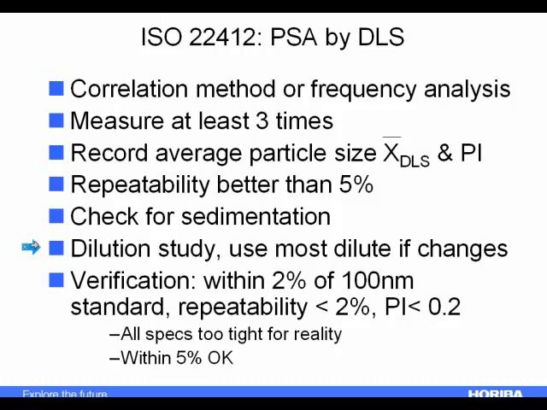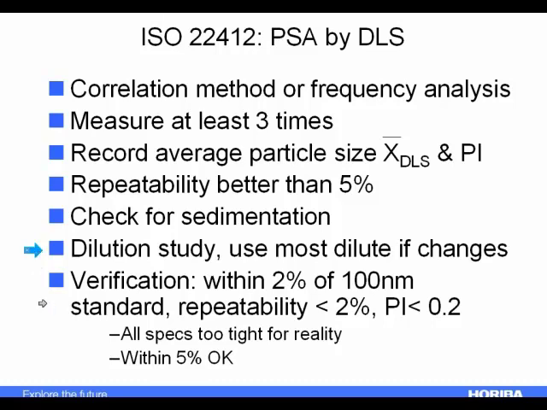So when we're developing the specification, it makes a lot of sense to do a dilution study. We have a separate webinar on our website talking about using dynamic light scattering and how to interpret those results. In general, dilution studies are a good idea, and if we see it changing with concentration, we need to know how to interpret that data. The ISO document just says use the value from the most dilute result.